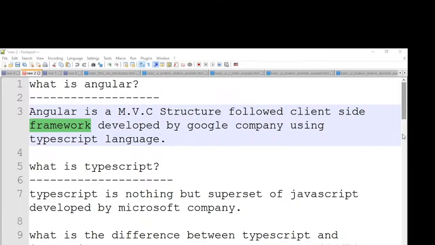So why is performance required? For example, PhonePe. You are the owner of PhonePe. You want to transfer 20 rupees to your friend, or you have purchased a curry from a curry point and want to transfer 20 rupees to them.